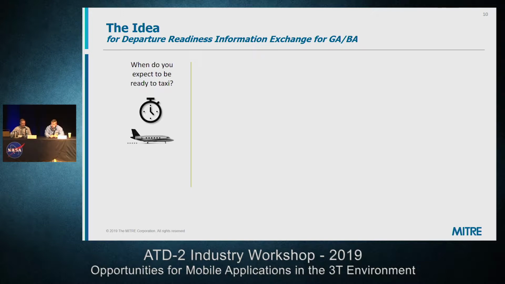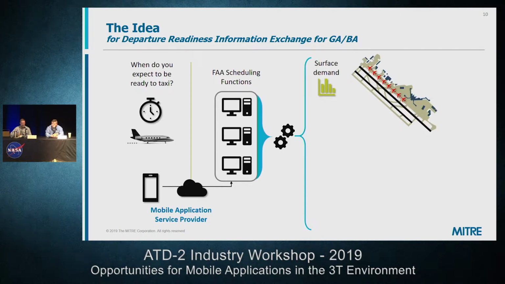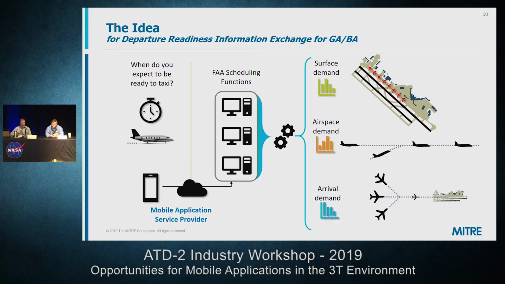Okay, so from a high level, the general idea or the concept is, if we can get these pilots to provide an indication of when they expect to be ready to taxi, using a mobile device to submit that information, that would go through some sort of service provider who's providing this capability via SWIM, that would feed into FAA systems, which that time could then trickle down across any system that's doing demand predictions, whether it's for surface demand like what we're doing or NASA's doing in Charlotte, or airspace demand, which is conducive to kind of what we're doing here in Dallas with departure fix demand.